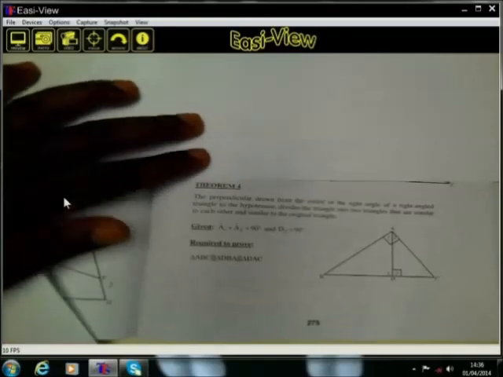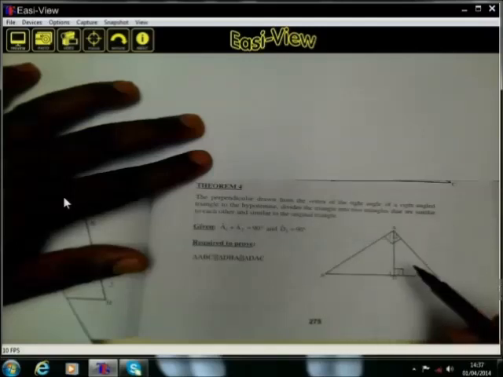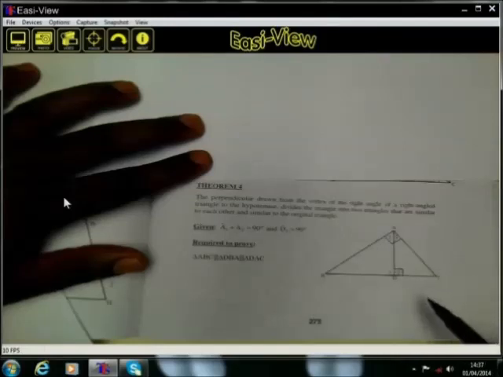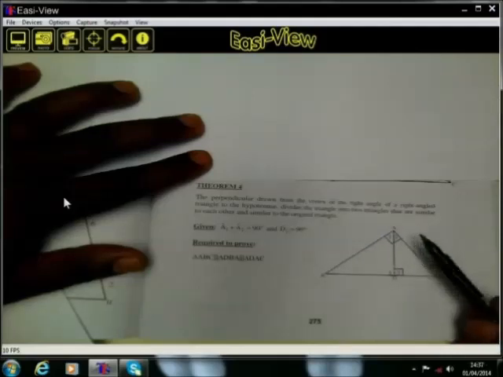I'm saying what we are requested to prove. Our proof will lie in triangle ABC. That's the biggest triangle, because remember I've said we have two triangles, ABC and triangle DBA. Let's check what we are provided with in those two triangles that we can use to prove the similarity of the two triangles. Fine.